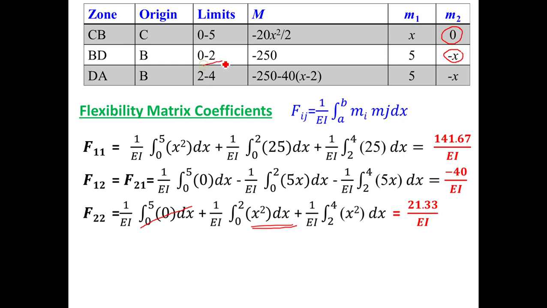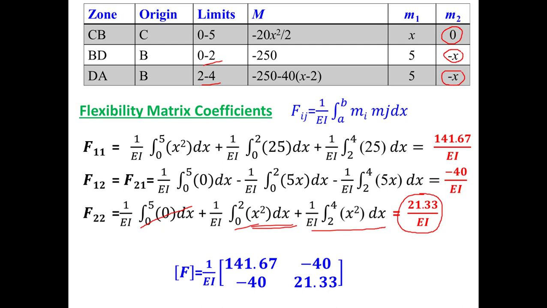Limits are 0 to 2 given in the table. Similarly, third zone, again it is minus x into minus x, plus x square. Limits are 2 to 4. If you perform this integration, final answer will be 21.33 upon EI. So these are the three elements of flexibility matrix. Size of flexibility matrix will be 2 by 2. Okay, so like this you can summarize the flexibility matrix.